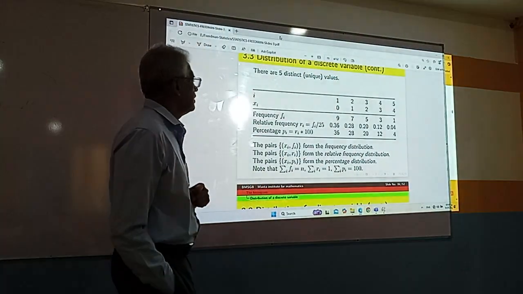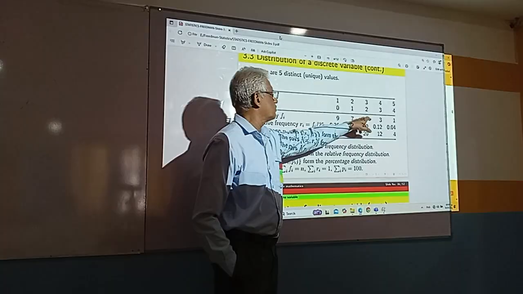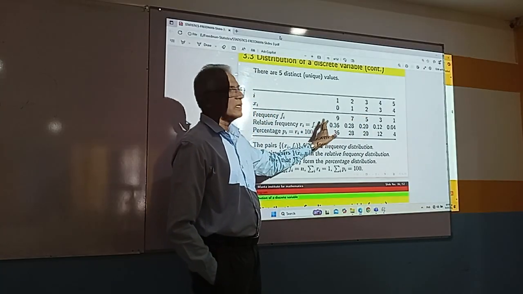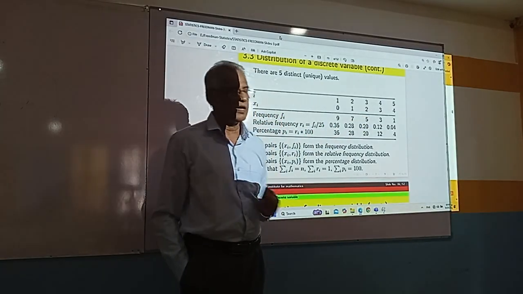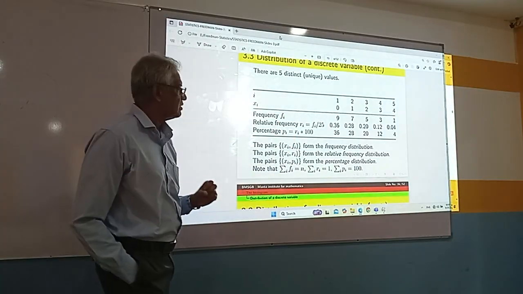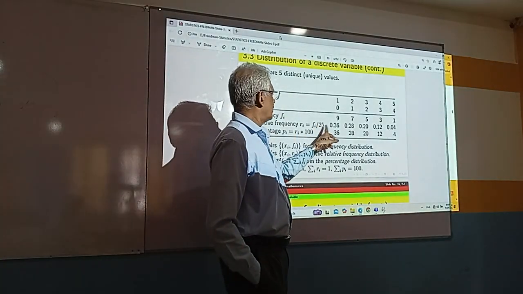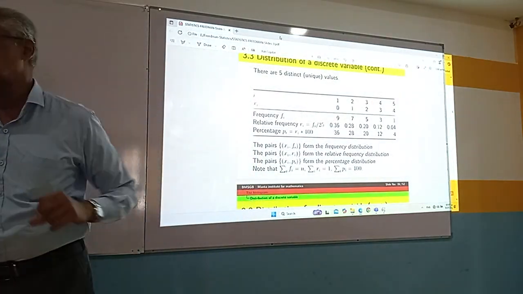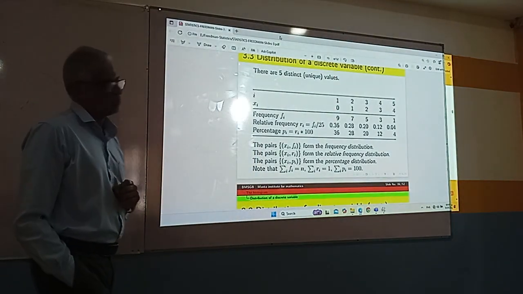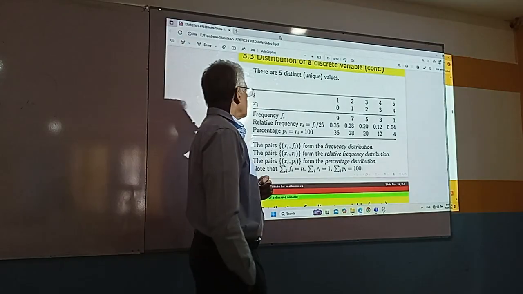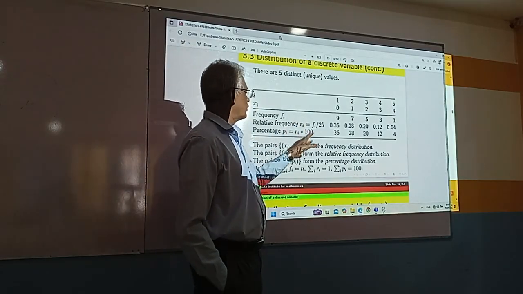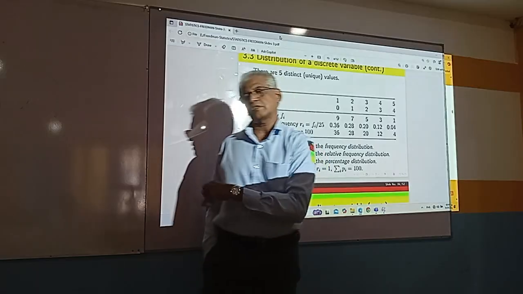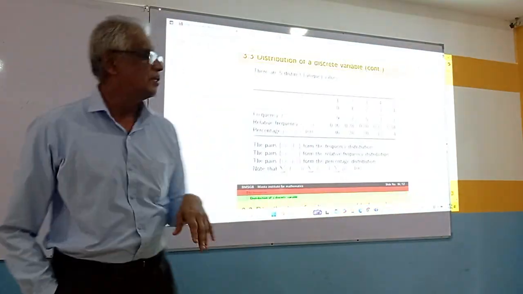If you divide these frequencies by the sample size, we have 25 samples, so divide by 25, these are the relative frequencies, and the sum of the relative frequencies is equal to 1. They have to add up to 1. And if you multiply the relative frequency by 100, these are the percentages, and the sum of the percentages has to be equal to 100.